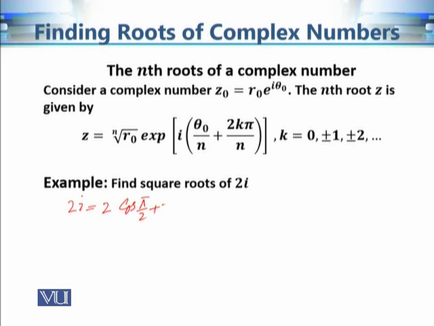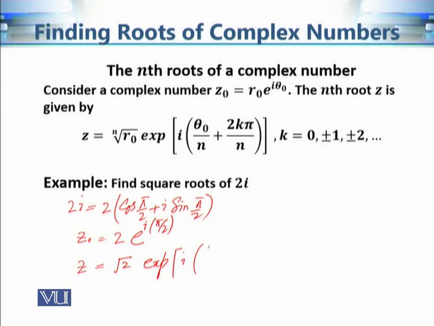So we are given a complex number 2i, and we want to calculate the square roots of this complex number 2i. So we can write down the complex number 2i in its exponential form in the following way: 2 e raised to power iota pi by 2. Now we want to find square roots. So in other words, n is equal to 2 in this case, and basically we will be solving z raised to power 2 is equal to z0.